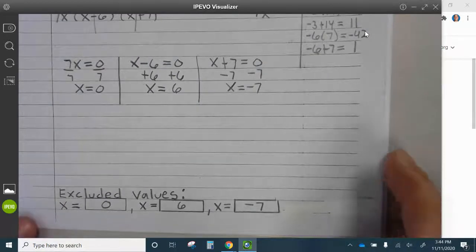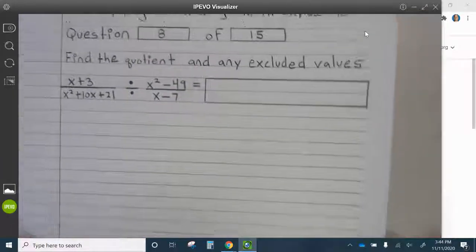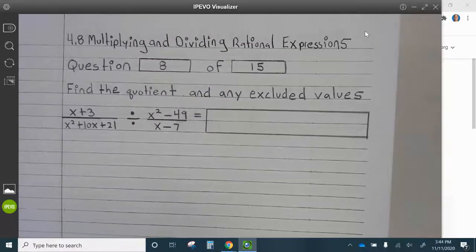All right, let's take a look at question 8. Okay, question 8 of 15. Find the quotient and any excluded values, okay?